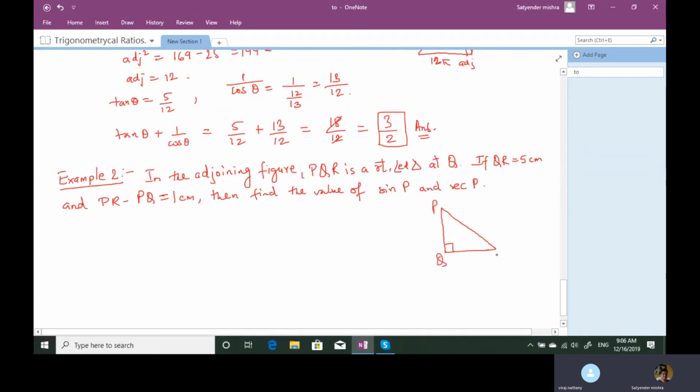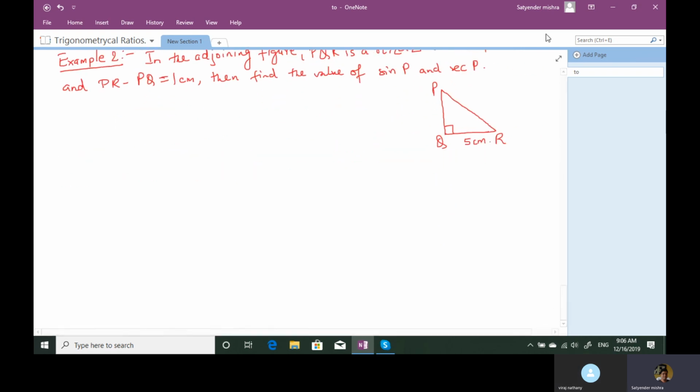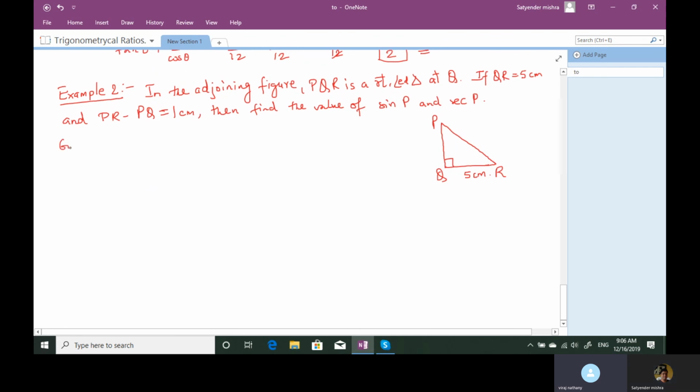P, right angle at Q, and this is R. And they have given me this is 5 centimeters, and PR minus PQ is 1. So PR is equal to 1 plus PQ, not minus, because minus will go to that side and become plus.